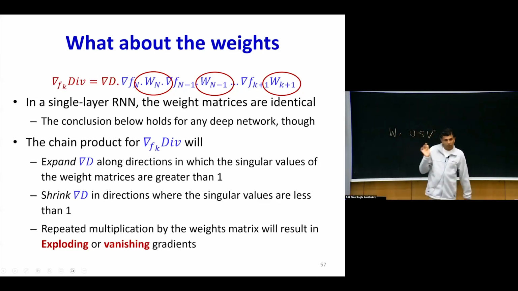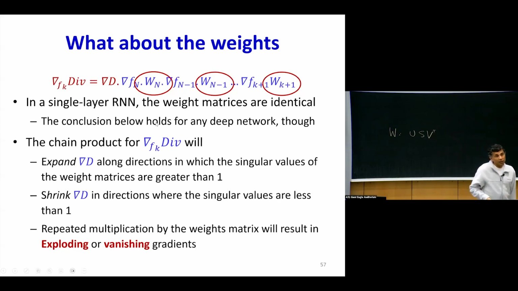What is this? The singular value decomposition. And what kind of matrix is S? It's a diagonal matrix where the diagonal entries are the singular values, right? And you'll have a small number of singular values which are large, and most of the singular values are going to be really small, right?